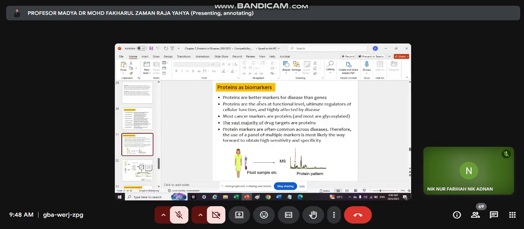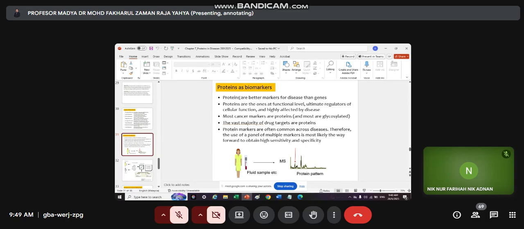Okay, proteins as biomarkers. So we can obtain the proteins from serum, from urine samples, from other body fluid as well. So we can monitor specific disease based on these biomarkers.